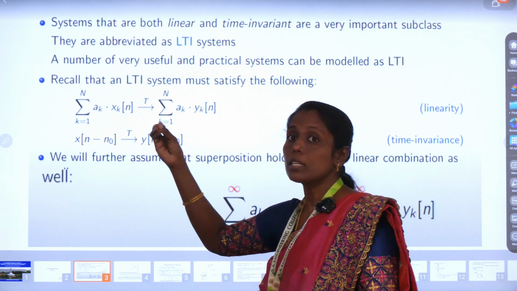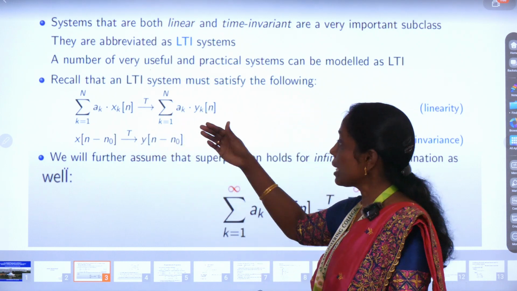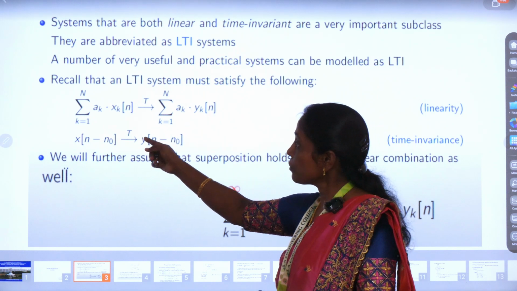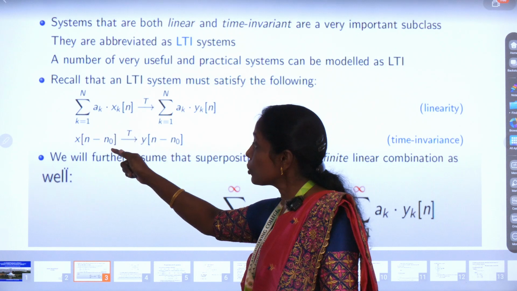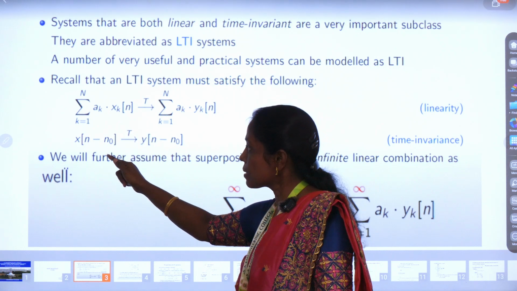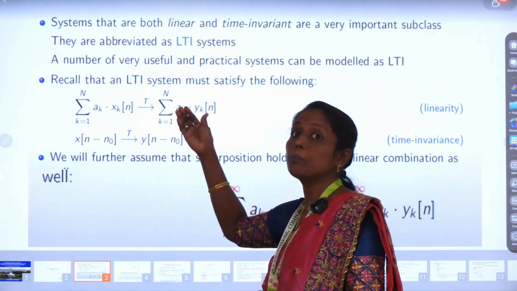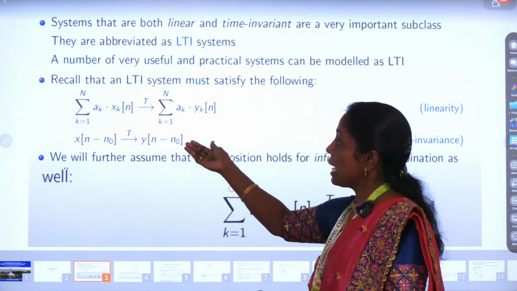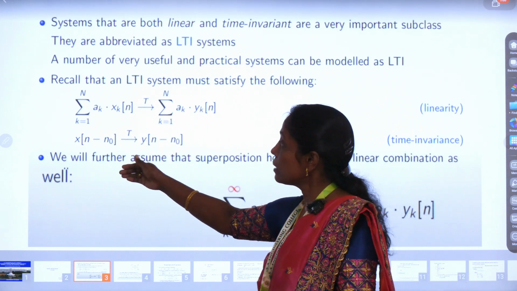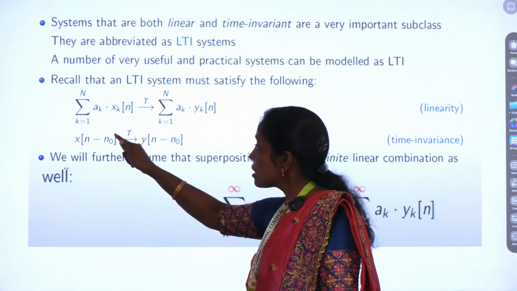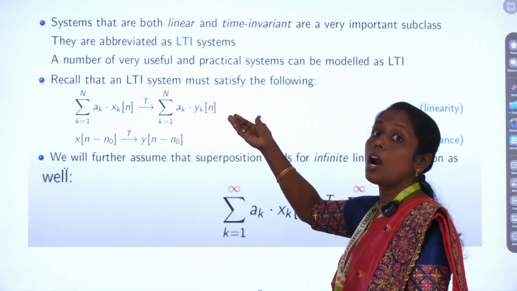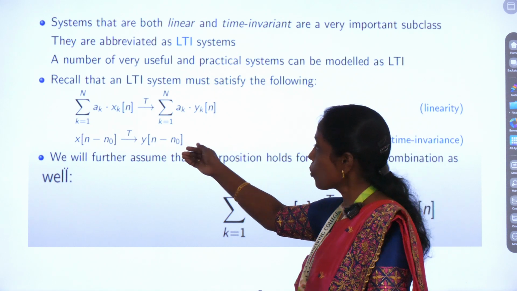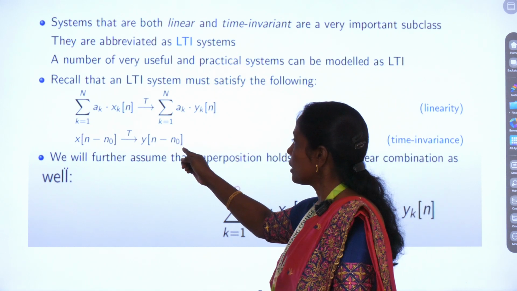And next, what is time invariant? Time invariant means if any delay is done to the input side, for example, x of n is the input to the system, and if it is delayed by a time period of n naught, the same delay has to be reflected in the output side, that is y of n minus n naught.